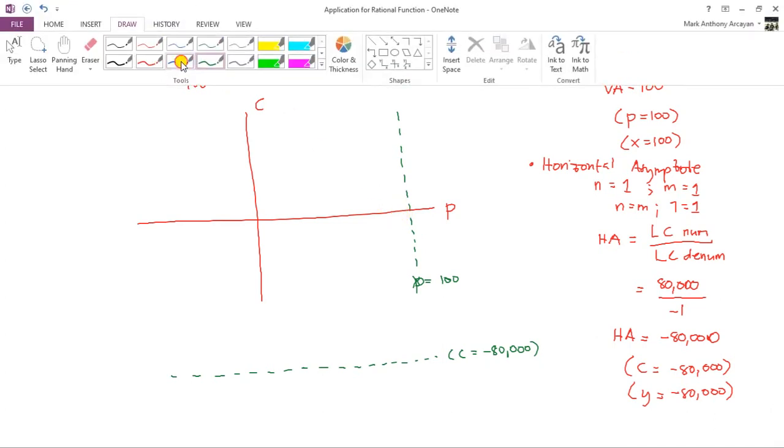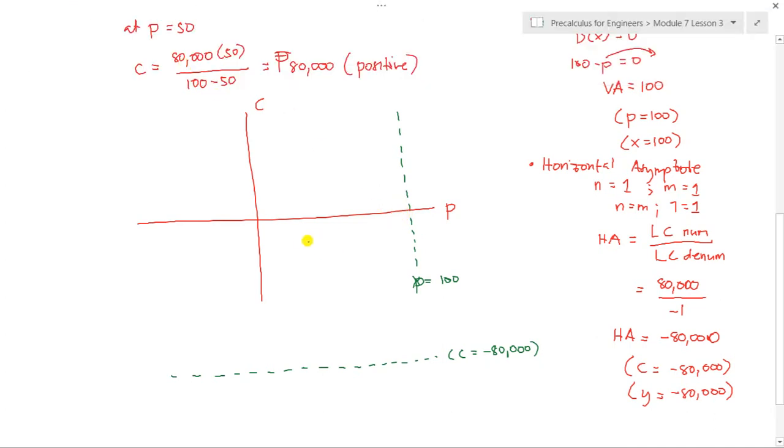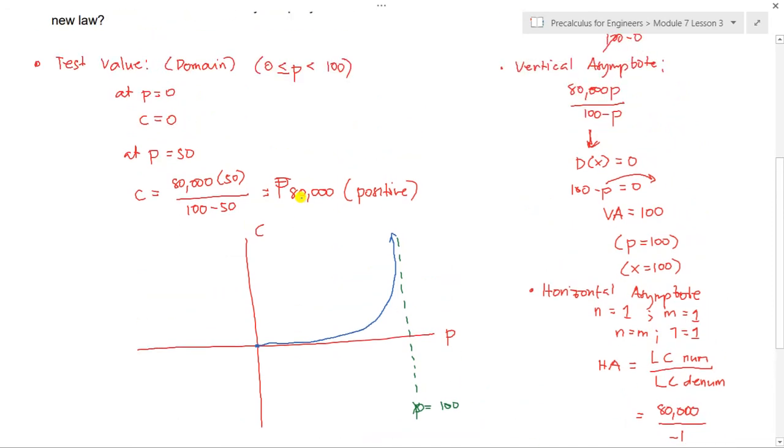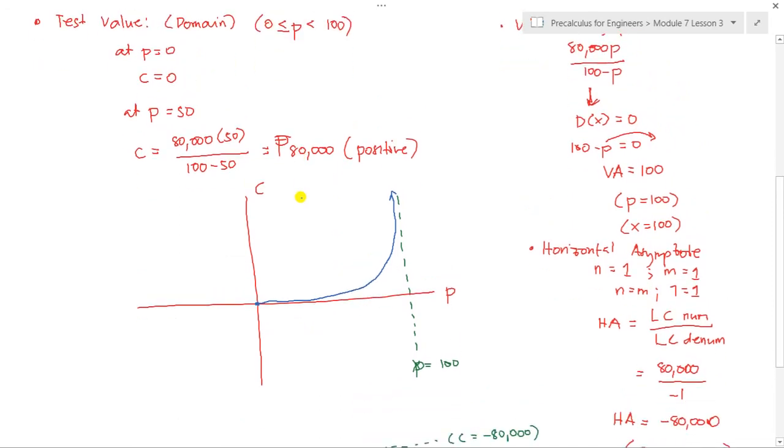So therefore if we're going to graph our rational function, it would look like this. Mo intersect siya sa 0 since mo na siyang x and y intercept. Then mo increase siya kay positive siya, and then musubay na siya ni, di siya mo meet kay asymptotic man siya. So therefore that is the graph of our rational function at a domain from 0 and then less than 100.